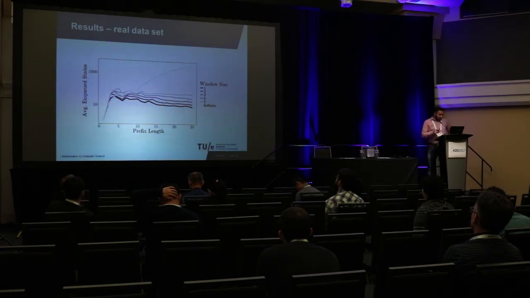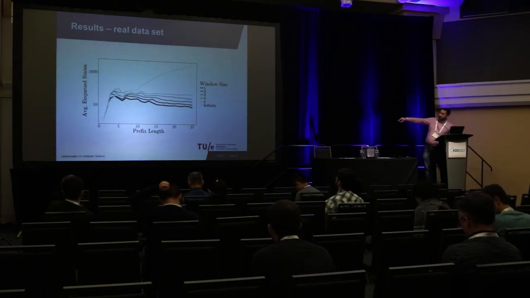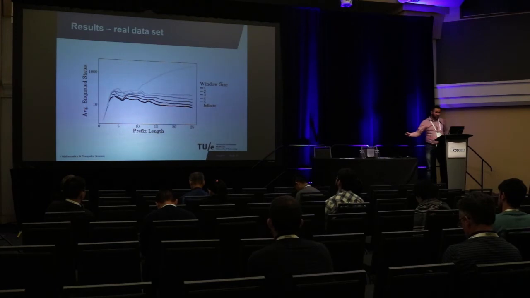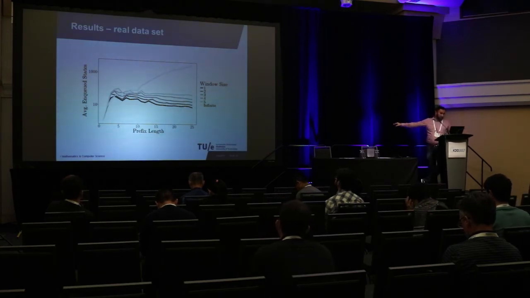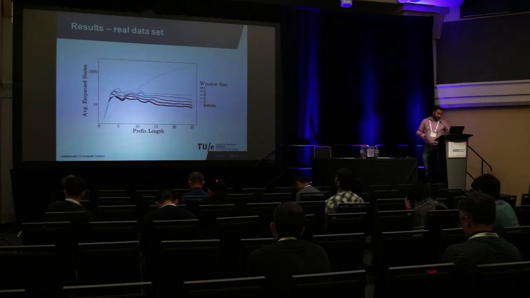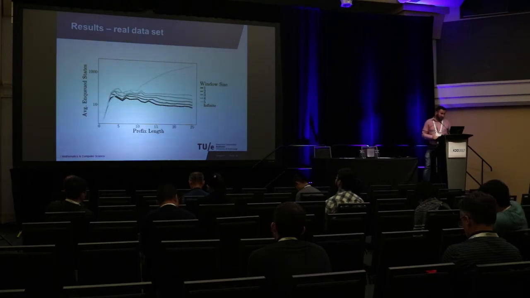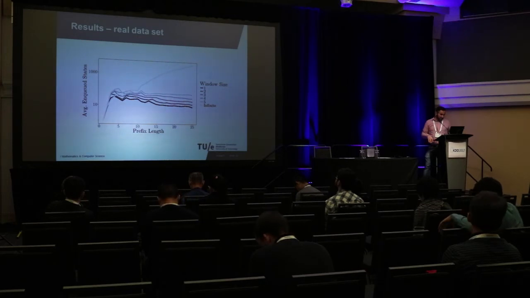And these are the experiments on the real data set. Here on the x-axis, we cannot vary the noise because we did not add noise there. We have evaluated it only according to the prefix lengths. And again, on the y-axis, we have the storage space that is used, so lower is better.